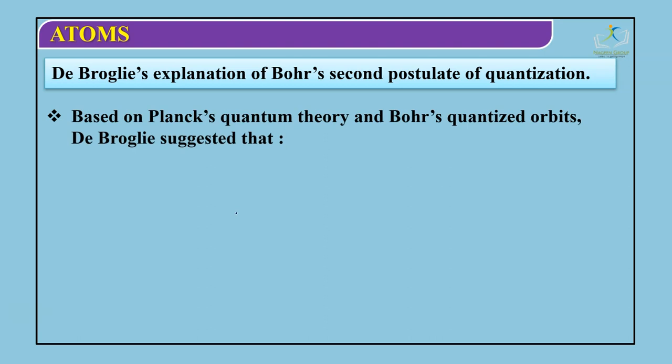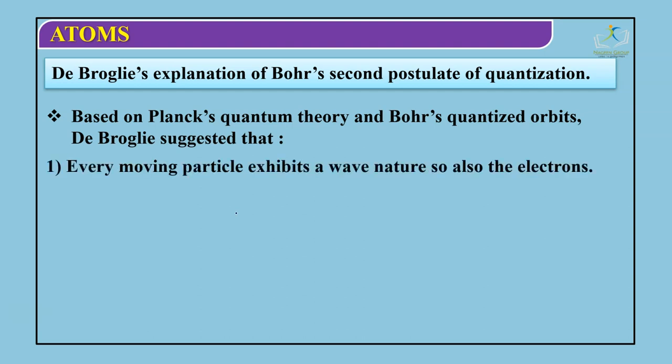Based on Planck's quantum theory and Bohr's quantized orbit, de Broglie suggested that every moving particle exhibits a wave nature, including the electron. The particle and wave nature of matter, however, looked contradictory, as it was not possible to prove the existence of both in any single experiment.